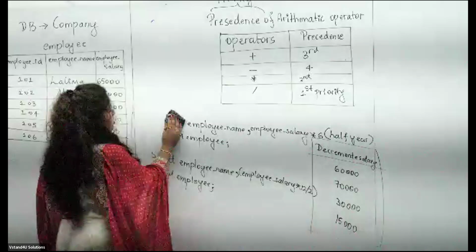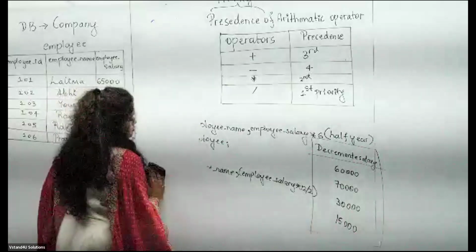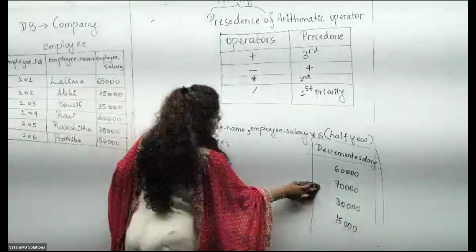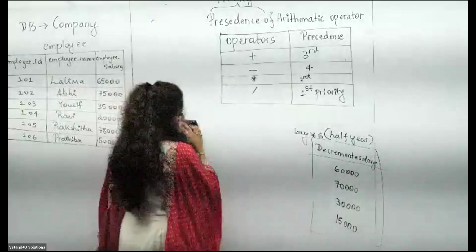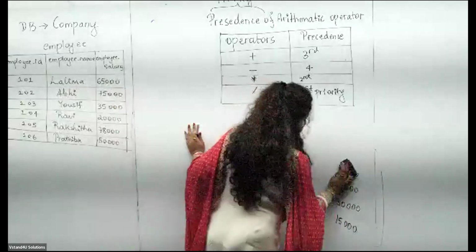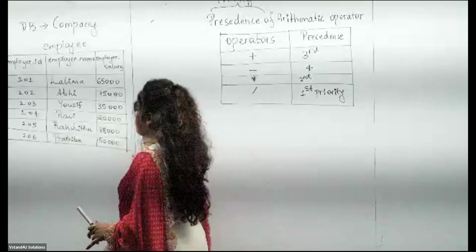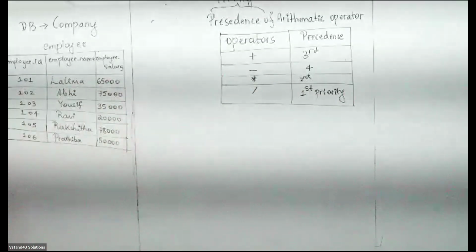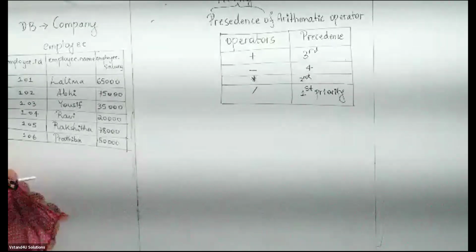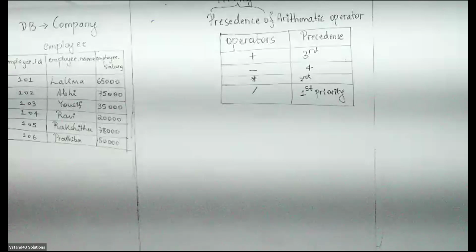Yeah, tell me, how will you write the query, everyone? What is it saying? You have the list of salaries here and you want to display only the salaries which are divisible by 5,000. Yes or no? How to write the query for this one?